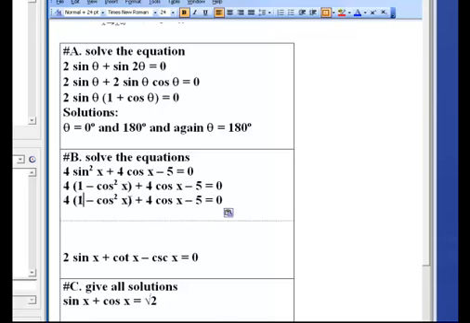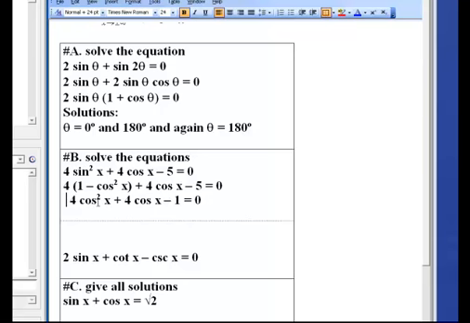So distribute the 4 inside, so 4 minus 4 here. Then I don't need the parentheses anymore. Then I add this 4 here to the -5 over here, so -1, and then we turn around all the signs.